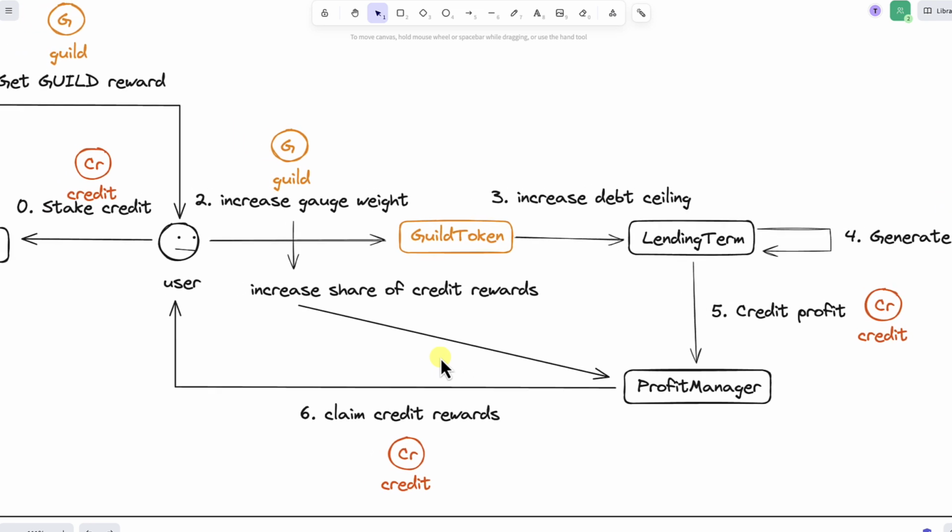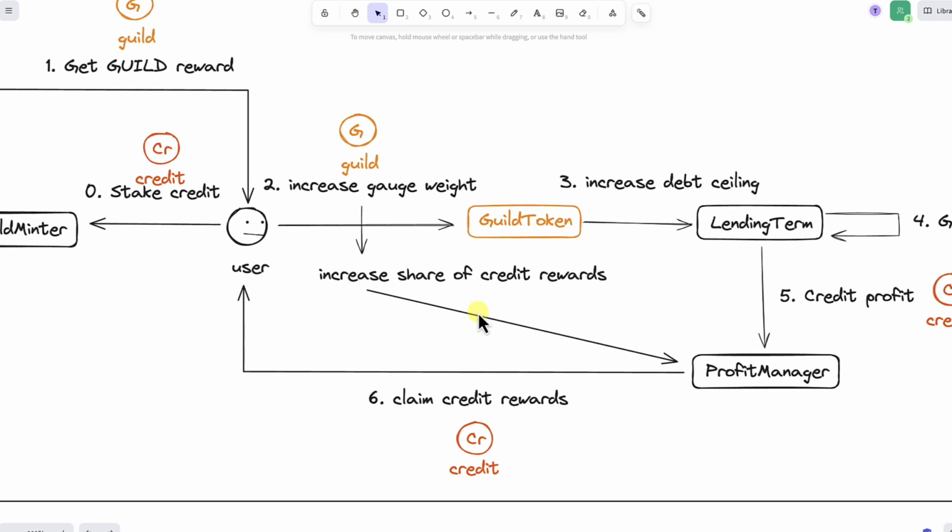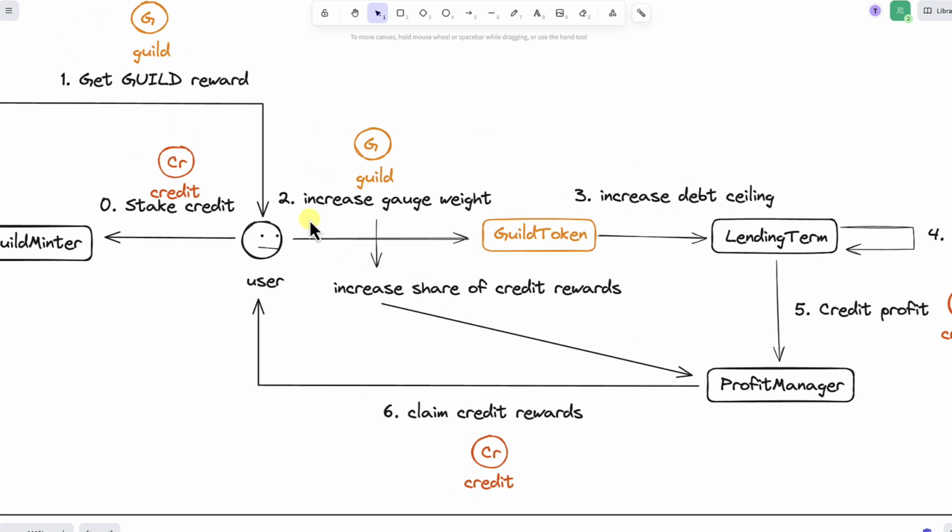So if this particular lending term that you staked your guild token for has some losses, then all the guild tokens that you staked for this lending term are going to be burned and slashed to cover for the fact that this lending term lost money. So this is how the system works and how they incentivize borrowing and lending and guild holders to stake and support lending terms, and how gauges work.